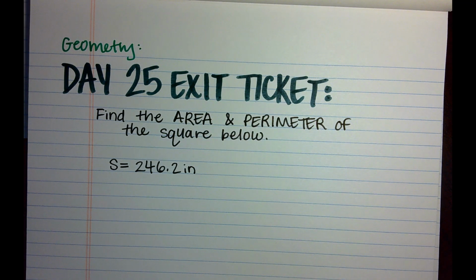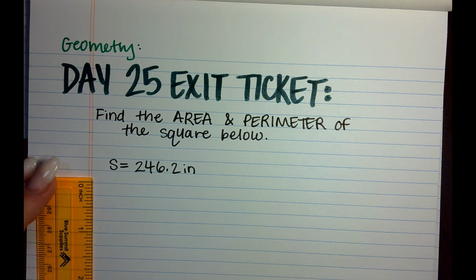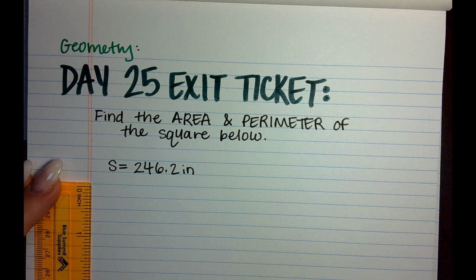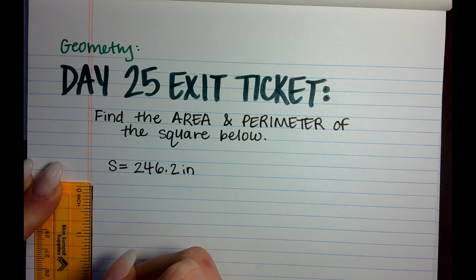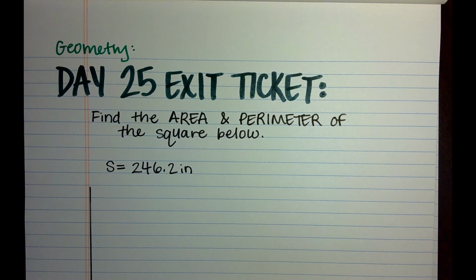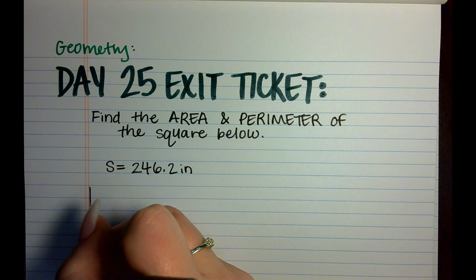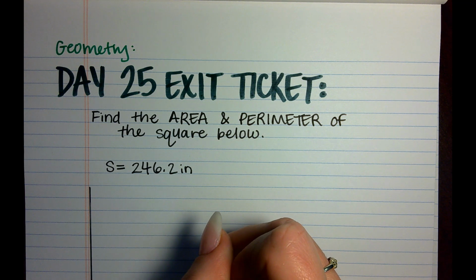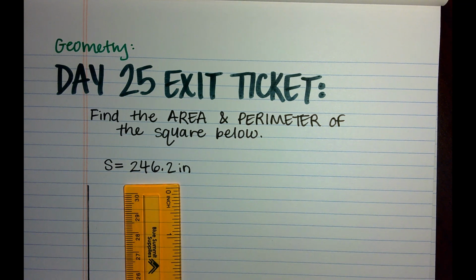I know that's pretty wild, but just using formulas, y'all can do this. Doesn't matter what the square looks like. Visual is not as important, especially if you know the formulas.